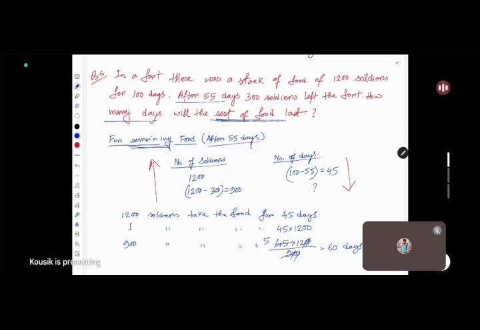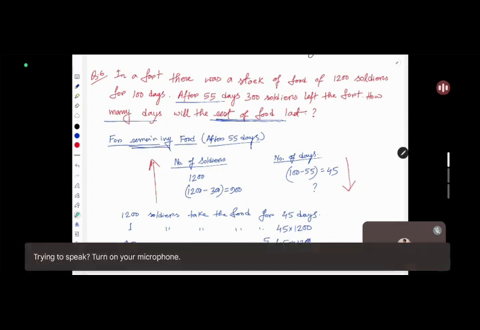Always check the question. If it asks for the rest of the food, the answer is 60 days. But if it asks for total days, the 55 days should be added. Here the question does not ask for the total.